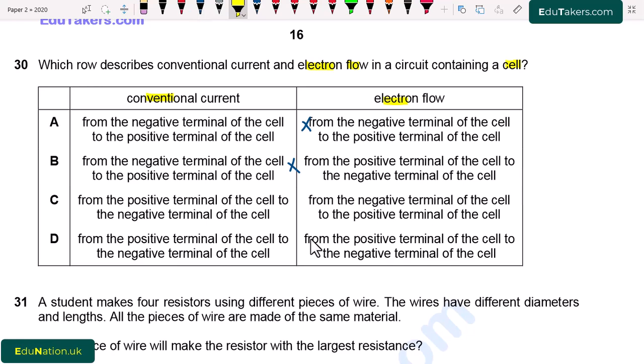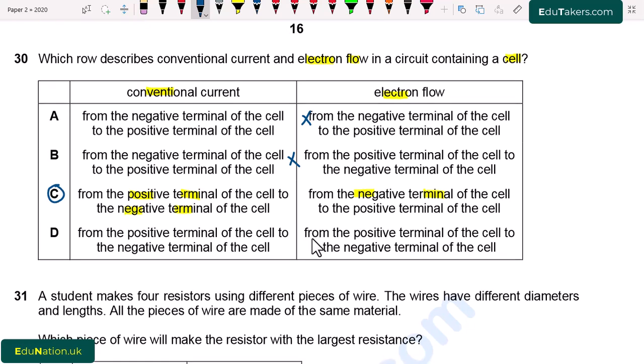C. Conventional current from the positive terminal of the cell to the negative terminal of the cell; electron flow from the negative terminal of the cell to the positive terminal of the cell. So this is correct, which shows that the electron flow is from the negative terminal to the positive terminal of the cell, and conventional current is from the positive terminal to the negative terminal of the cell. So this option is correct.